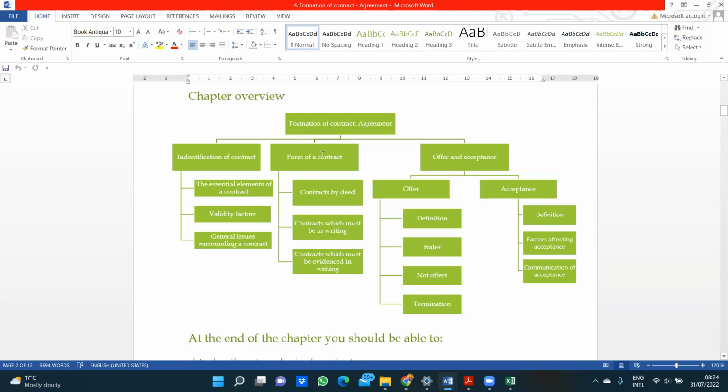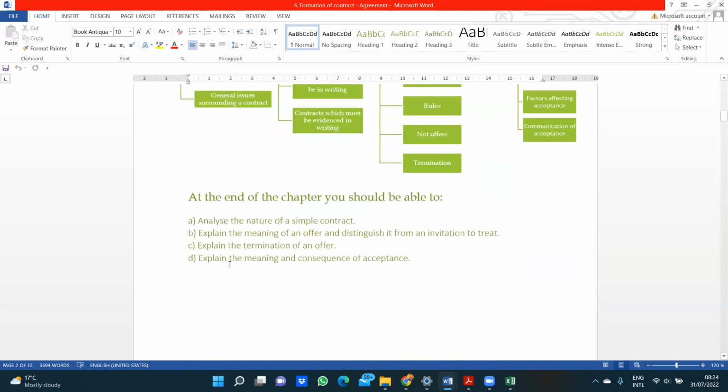Then the types of contract, like deeds, contracts that must be in writing, or contracts that must be evidenced in writing. And for the third part, we go through offer and acceptance, that is, agreement.